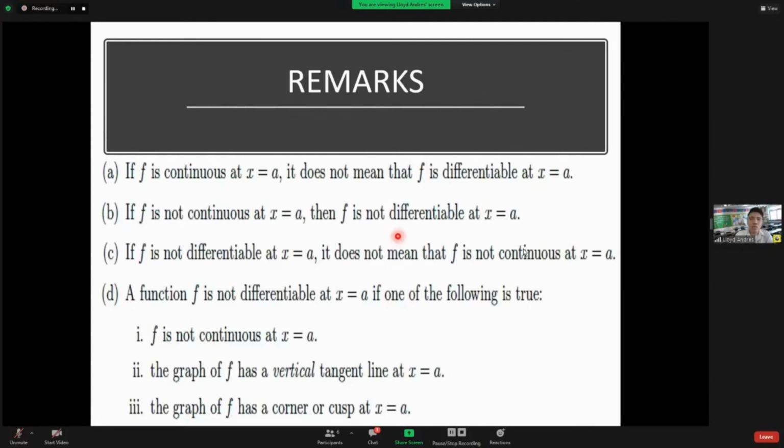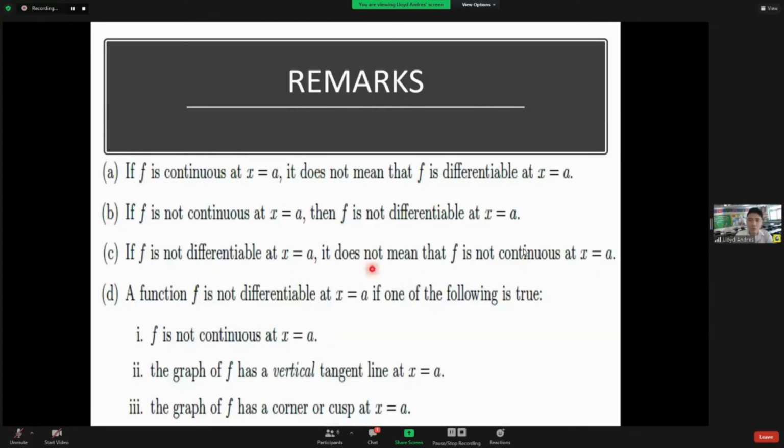So i-plaster na lang na sa inyong utok ang mga concept. Letter C, if f is not differentiable at x equals to a, it does not mean that f is not continuous at x equals to a. So pasabot ana, kung dili siya differentiable at a certain x, dili pasabot nga dili po siya continuous.